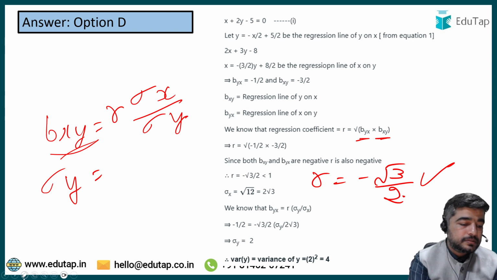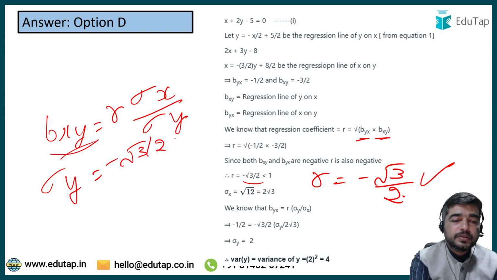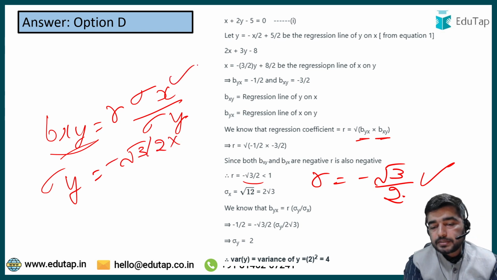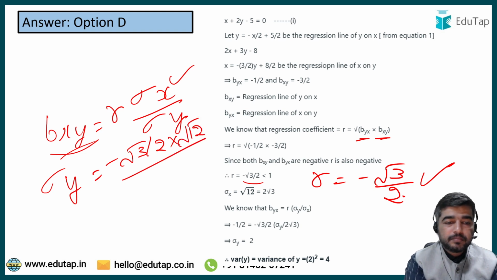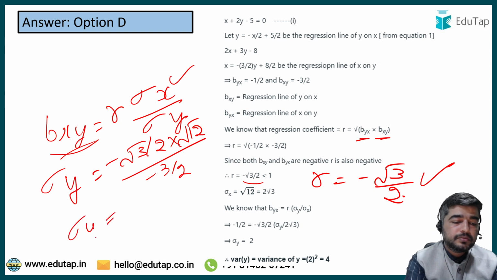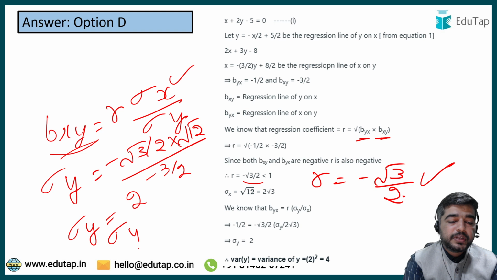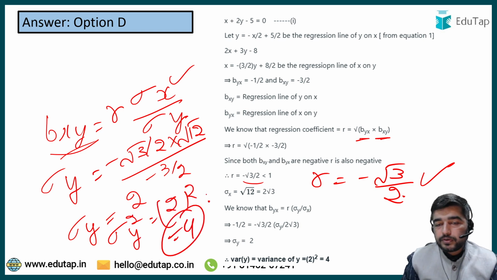So r is minus under root 3 by 2 into sigma x, the standard deviation of x, that is under root 12, divided by minus 3 by 2. When we solve it, it gives you 2. The standard deviation of y is 2, and variance of y will be 2 square, that is 4. Your answer will be 4.